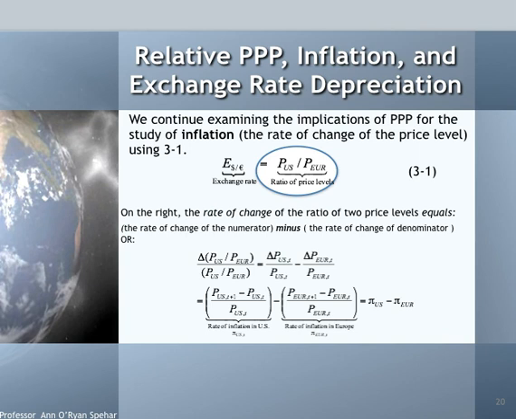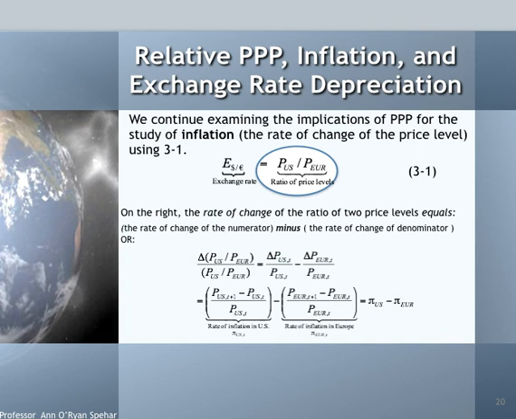We're going to examine the rate of change of the ratio of the price levels. So let's take a close look at that. Notice I have delta, or the rate of change, of the price level in the US divided by the price in euros. We won't go into the details, we can prove this with calculus.